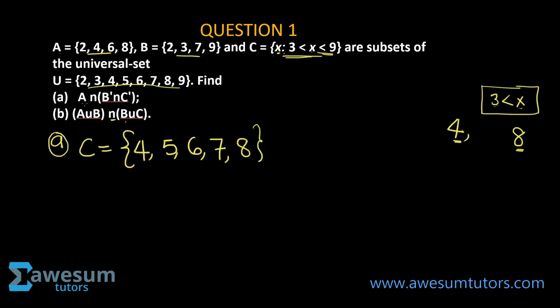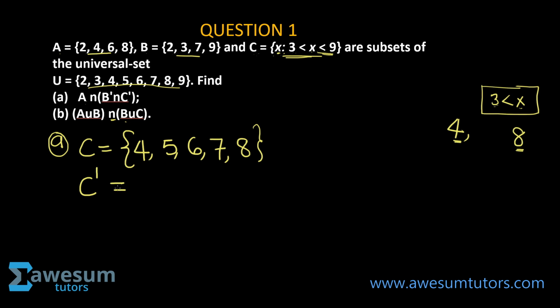Now if you look at this question, it says A intersection B prime intersection C prime, or you say B complement intersection C complement. So let us get the C complement right now. What is C complement?